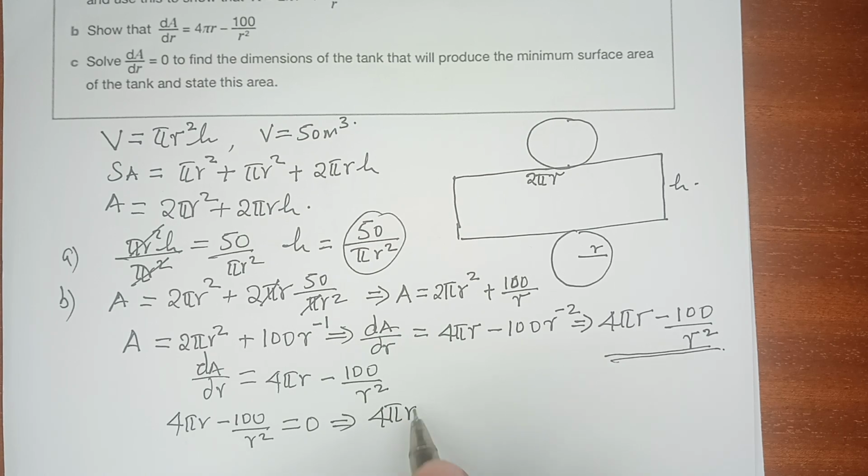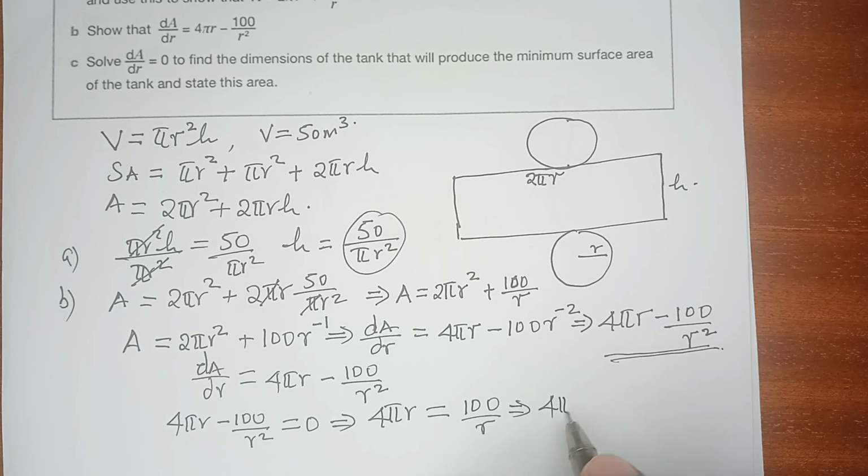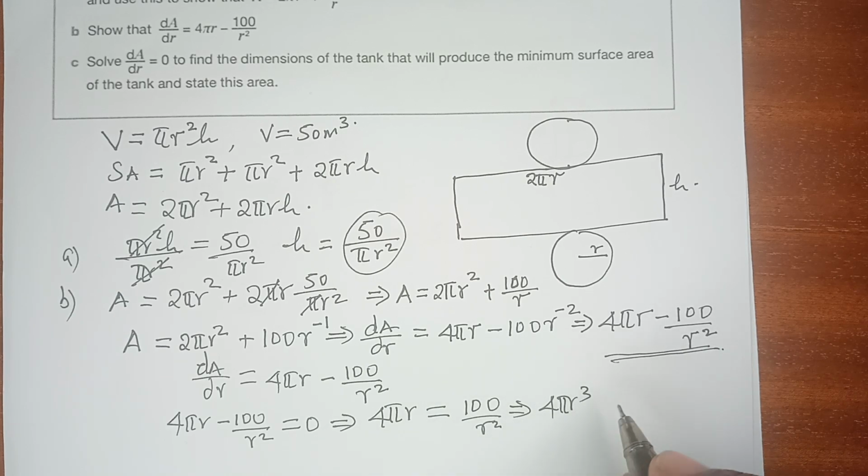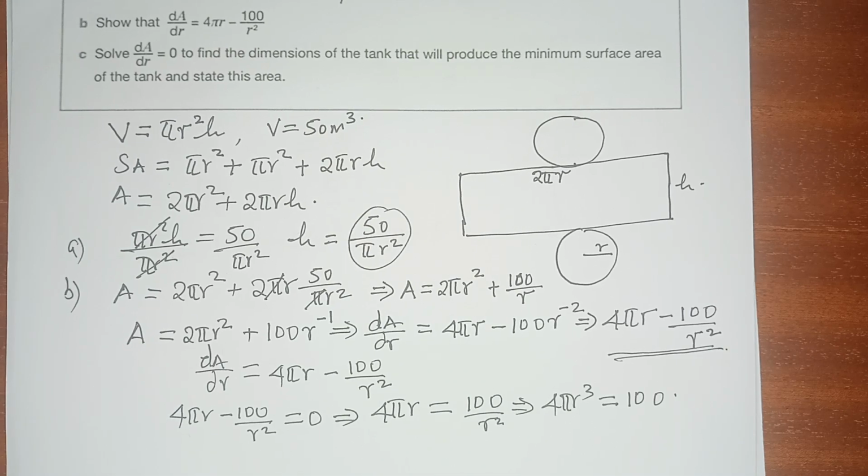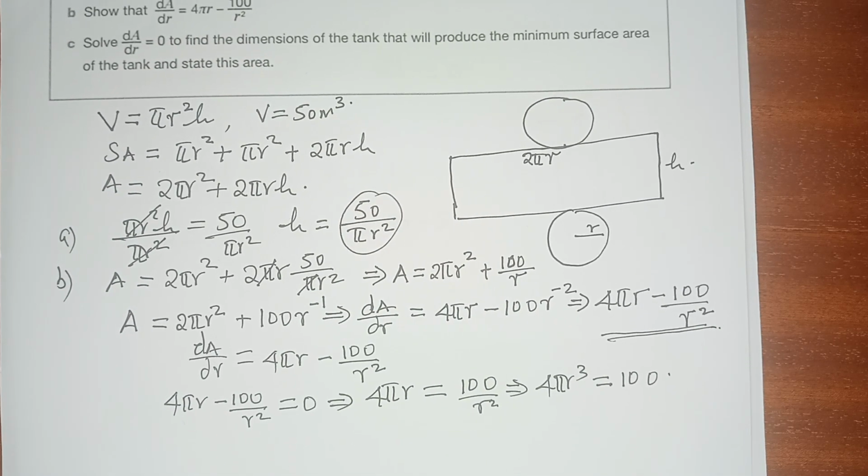In other words, we are saying 4πr is equal to 100 over r squared. If we cross multiply, this gives 4πr times r squared, which is 4πr cubed, because r power 1 times r power 2 is r cubed, is equal to 100. But we want to make r the subject of the formula, because without r we cannot get the surface area.